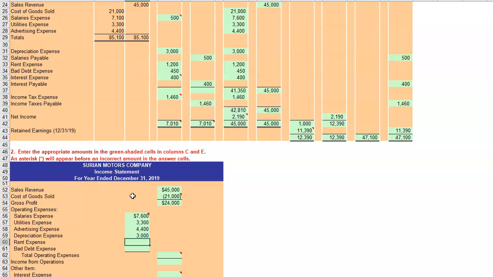Bad debt expense is 450. And then rent is 1,200. And then sum it up.